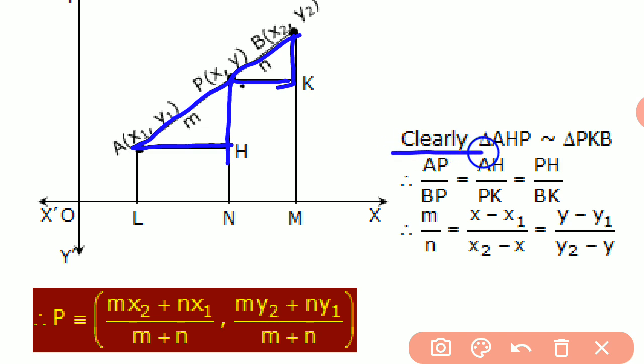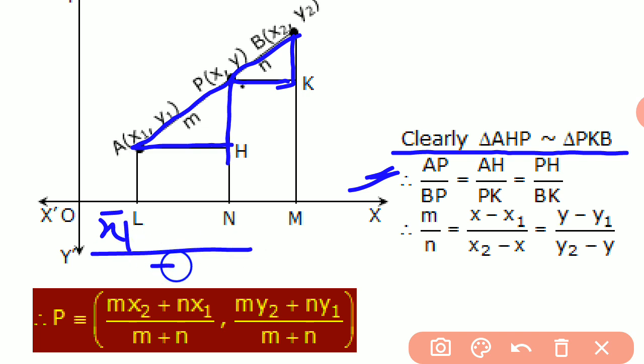Then clearly these two triangles are similar, therefore their sides will be in the same proportion, that is AP upon BP equals AH upon PK and PH by BK, and we will write the values. AP by BP means m by n, and this is x1 and this is x1, and from here to here this is x, so this value becomes x minus x1.